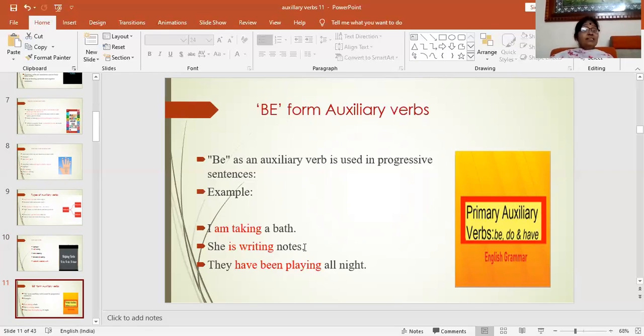She is writing notes. They have been playing all night. So we have used our be forms am, is, been, right? So what do we learn here? That be form as an auxiliary verb is used in progressive sentences where the action is going on, right?